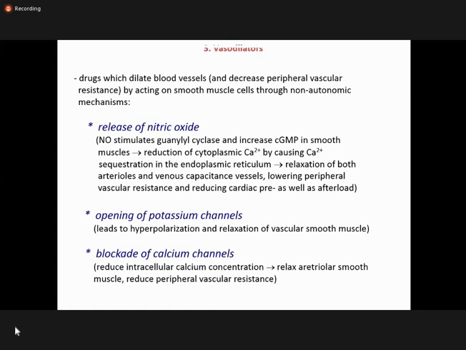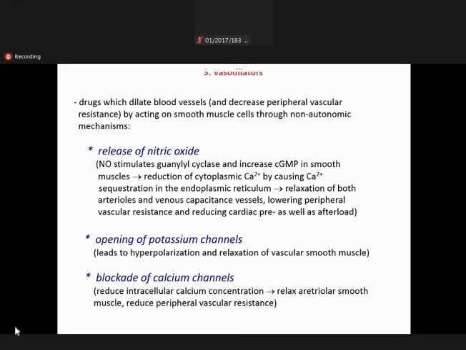Drugs which dilate blood vessels will decrease the peripheral vascular resistance by acting on smooth muscles, so non-autonomic mechanism. And when we say blood vessels, that includes both veins and arteries. One mechanism of vasodilator action is the release of nitric oxide.